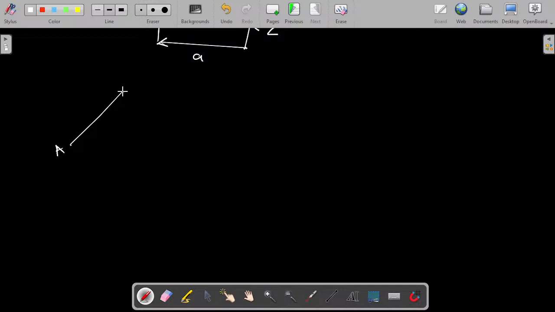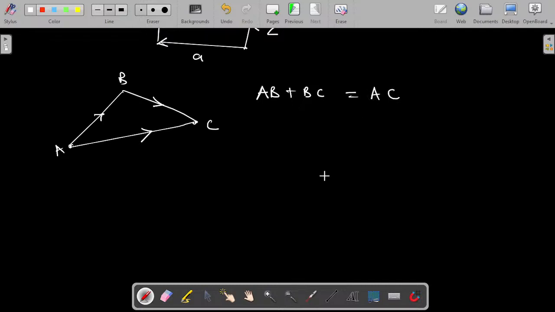So I can write here A, here B, and here C. So I can ask you what is AB plus BC. You can clearly see that AB is this direction and BC is this direction. So AB started it, BC continued. So the answer of their sum is going to start from A and end at C, and that is this one. So AB plus BC is simply AC.